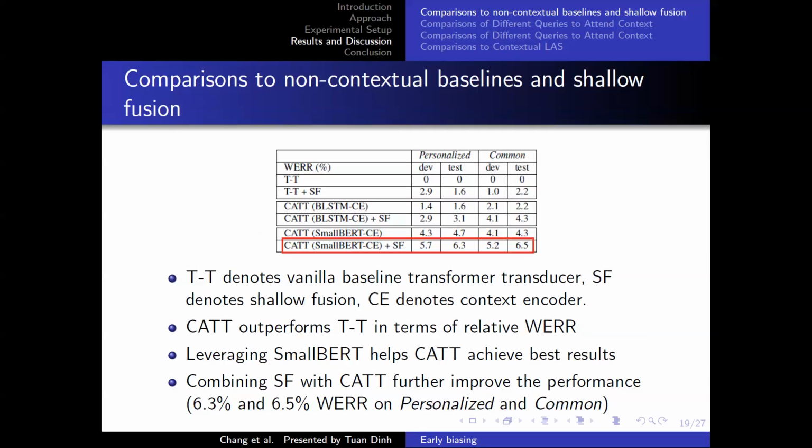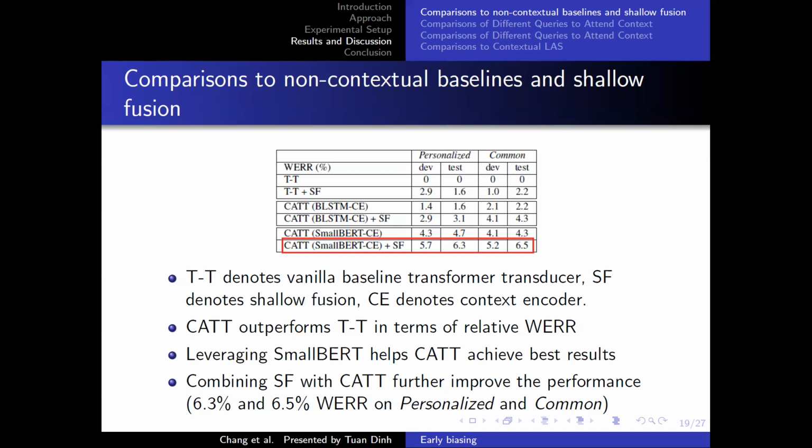The CAT outperforms the baseline transformer transducer in terms of word error rate reduction. And leveraging the small BERT helps CAT achieve the best word error rate reduction.